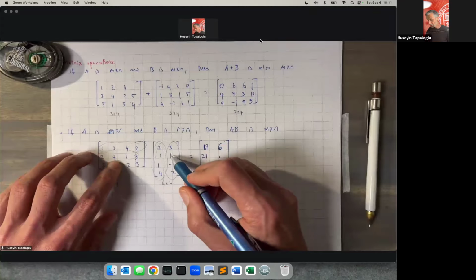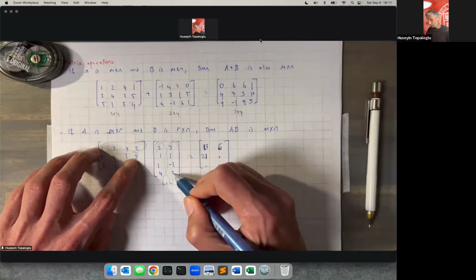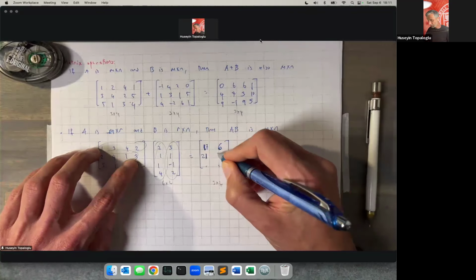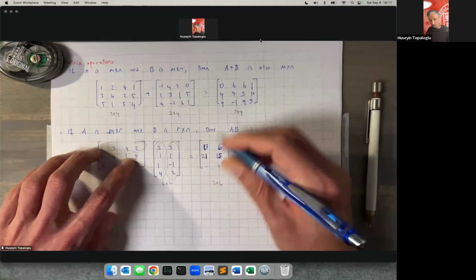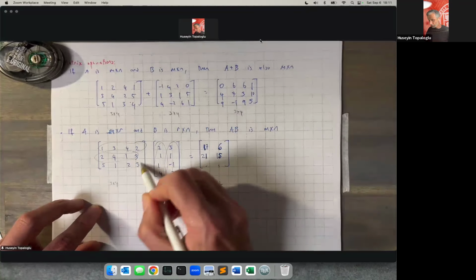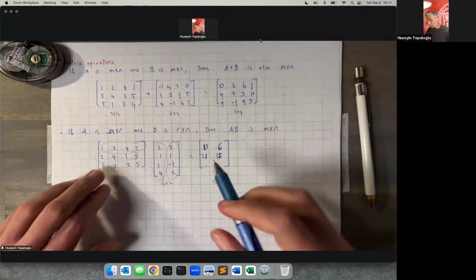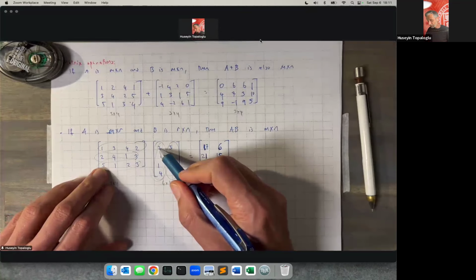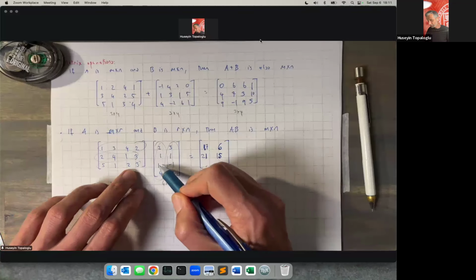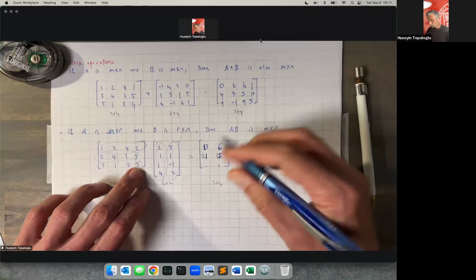That's a 6, plus another 4, that's a 10, minus 1, that's a 9, plus another 6, 9 plus 6, that's 15. Let's get this one, third row, first column, multiply the corresponding entries and add them up. 5 times 2 is a 10, plus another 1, that's 11, plus another 2, that's 13, plus another 12, that's 25.